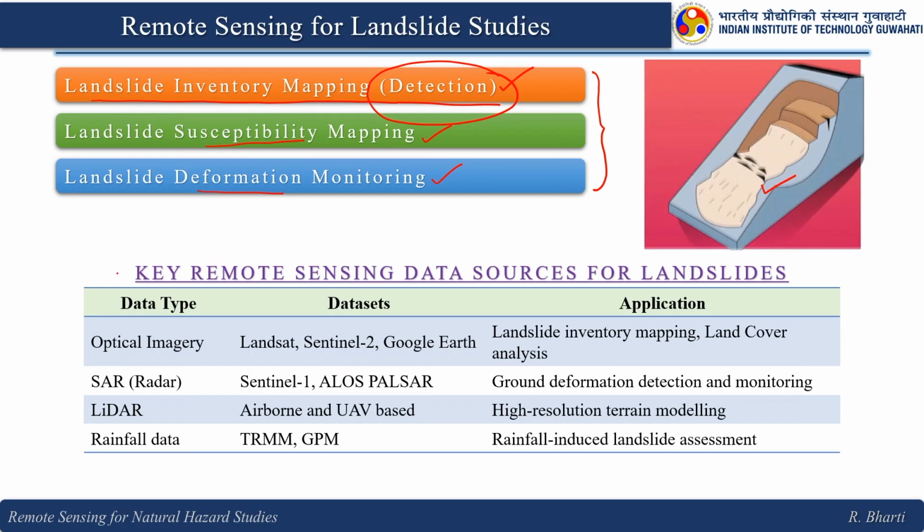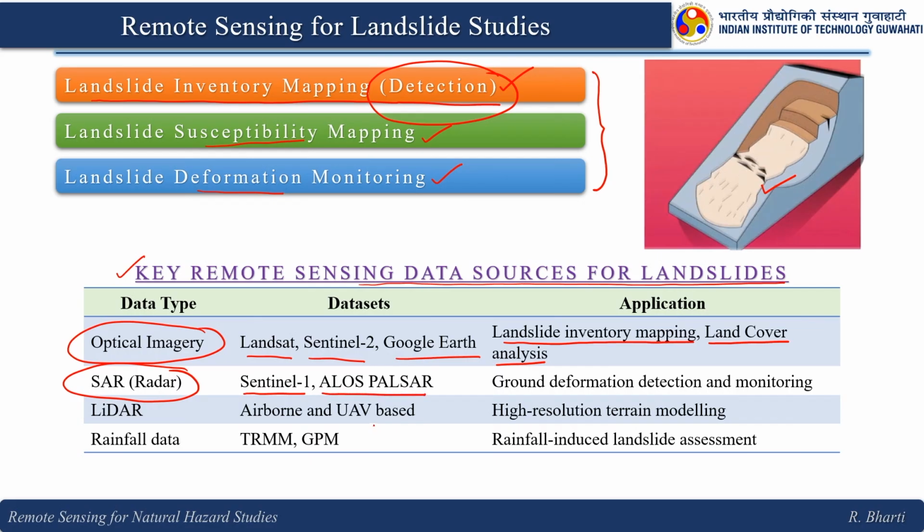So, here you can see the key remote sensing data sources for landslides. The first one, starting from optical imagery: Landsat, Sentinel, Google Earth, right. Then the application is landslide inventory mapping and land cover analysis, that is very crucial. Then comes the SAR or radar, synthetic aperture radar. So, here you have Sentinel-1, ALOS PALSAR, and that is being used for ground deformation detection and monitoring.